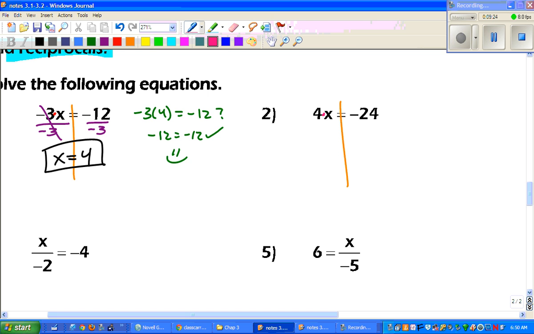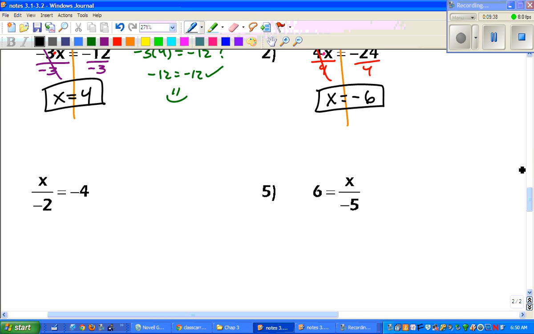Same thing with number 2. There's multiplication going on there. To get rid of multiplication, I'm going to divide both sides by 4. The 4's cancel. X equals -6. Draw my line. This is saying x divided by -2.